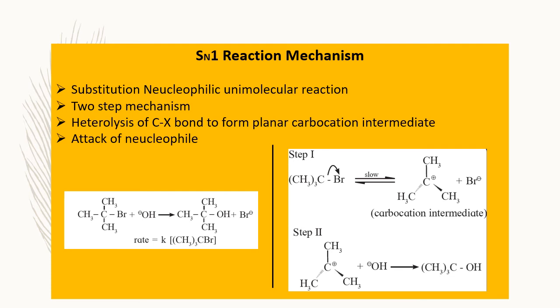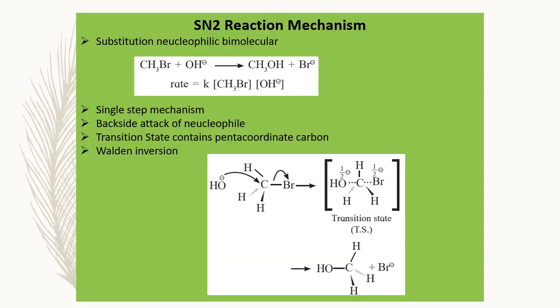Thus, it is a two-step reaction mechanism, and since OH minus has equal probability of attack on carbocation from front side and back side, the products obtained are equal. In case of optically active alkyl halide, a racemic mixture is obtained.